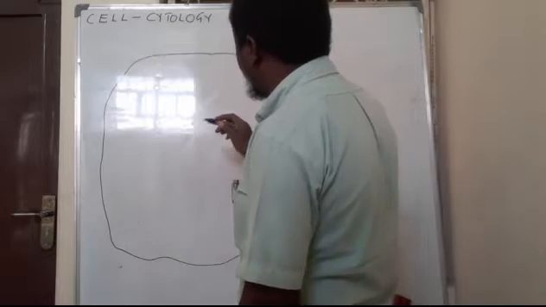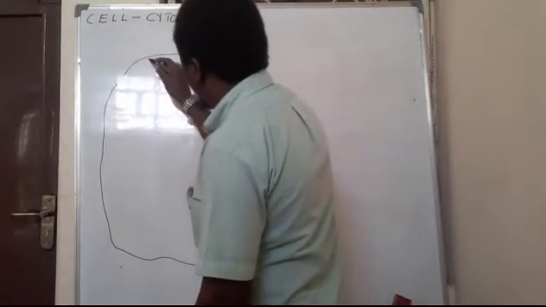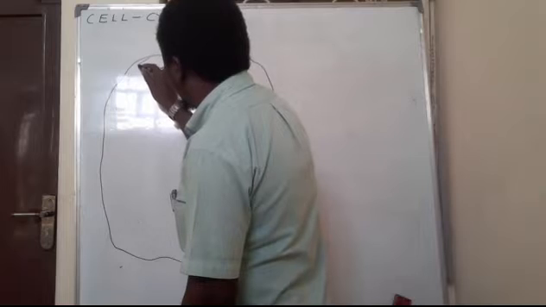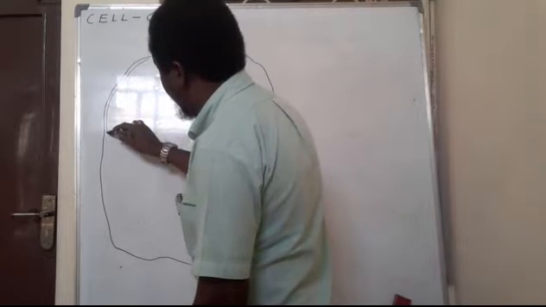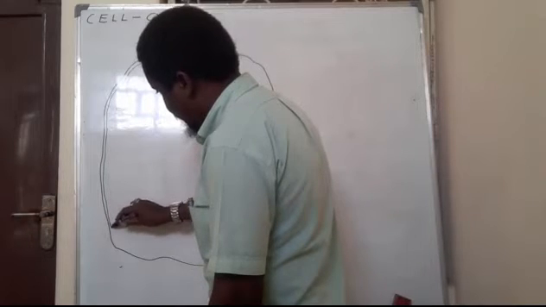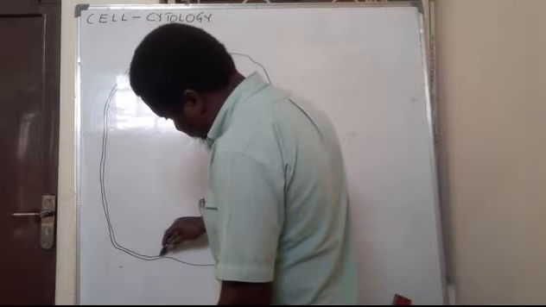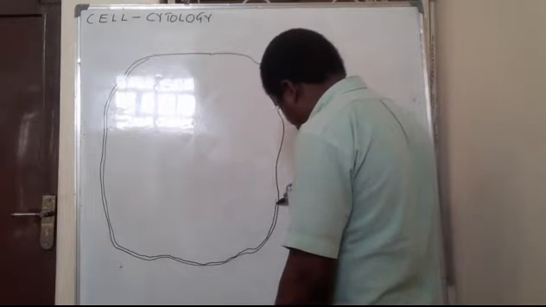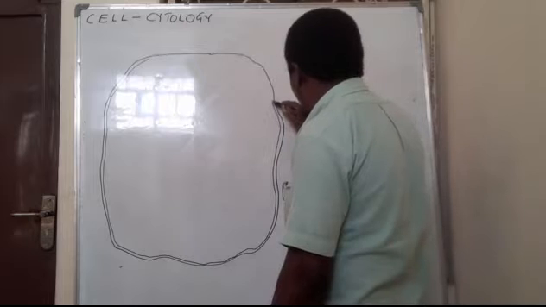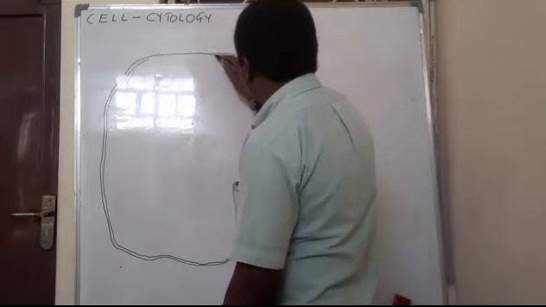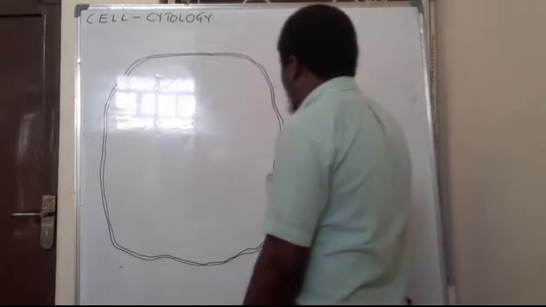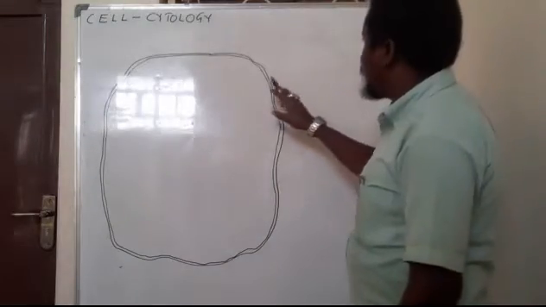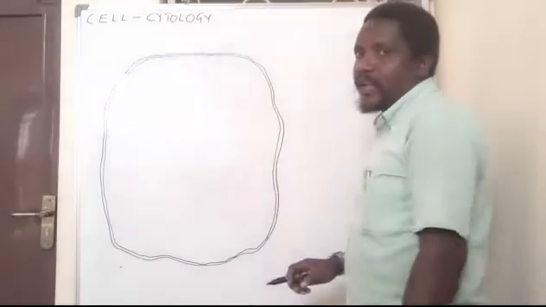It's called a phospholipid bilayer, and therefore it contains two layers.